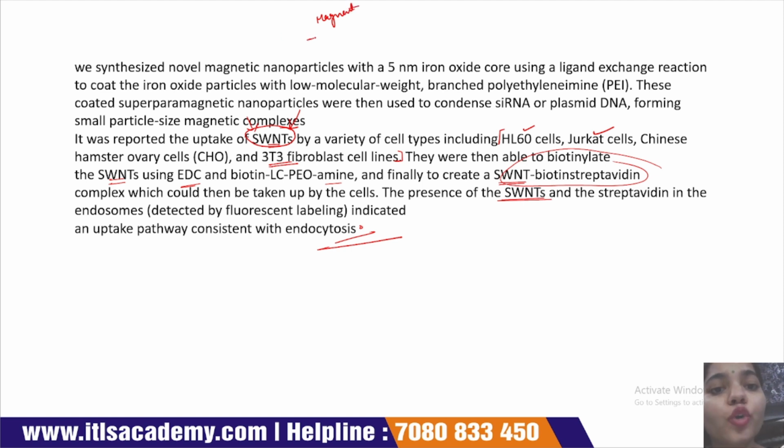Second, we use the novel magnetic nanoparticle with the iron oxide core, and third, we use the SWNT biotin streptavidin complex for delivering the nucleic acid into the cells. This is all about today's lecture. In today's lecture, we discussed the different types of molecules which have a lot of applications in the field of nanotechnology as well as bioprocess engineering.